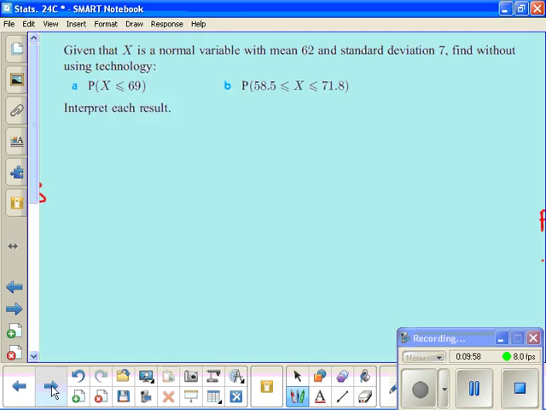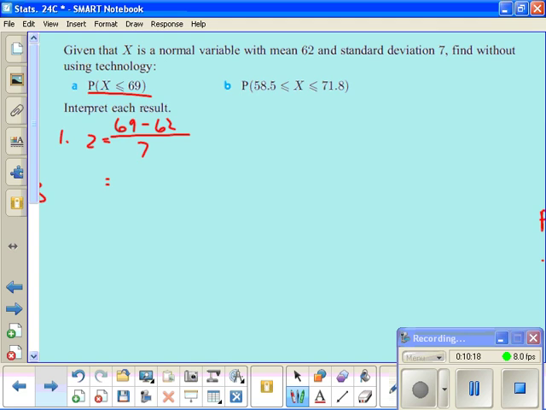Here, I need to convert this because it's not in Z form yet. Step one, I need to convert it into a Z-score. Z is equal to 69 minus the mean, 62, divided by the standard deviation of 7.